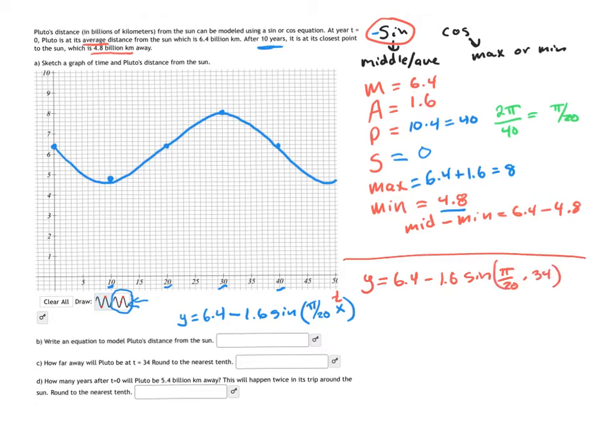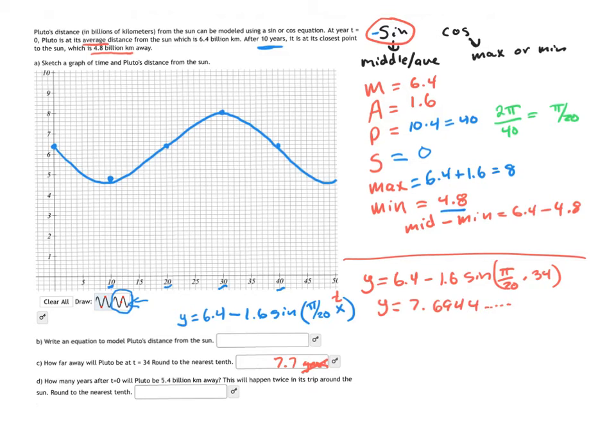Now, when I put that into my calculator, I'm going to end up with something like y equals 7.6944 something. Okay, in this case, we just want to round to the nearest tenth, so that will be 7.7 years. Now, you don't have to put in the years part there. We don't look for a label in this particular problem.